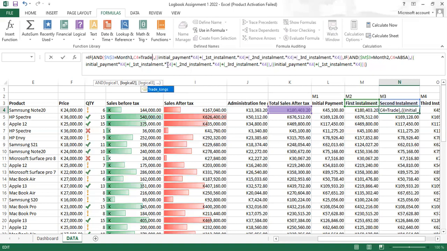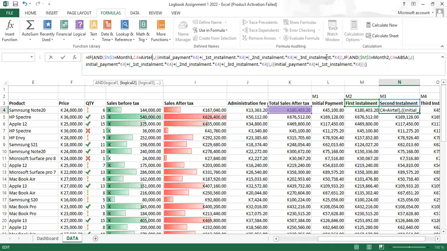What are we putting? There's Airtel there, right? Airtel. So what we want here now is initial payment times K4 plus first installment times K4 plus second installment.